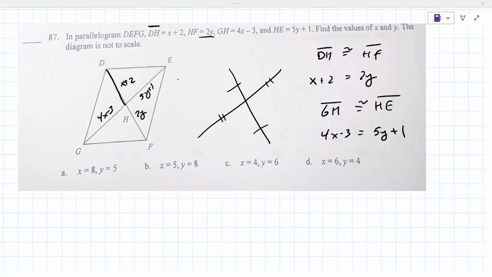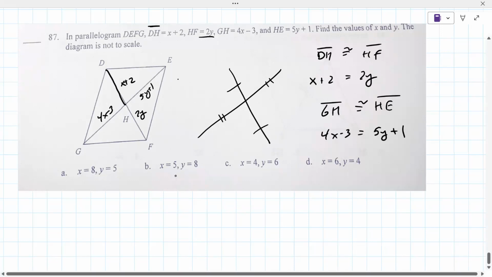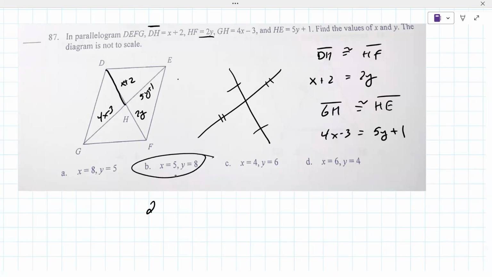I got B. You said B. So 5 plus 2, the first one, does that equal 2 times 8?